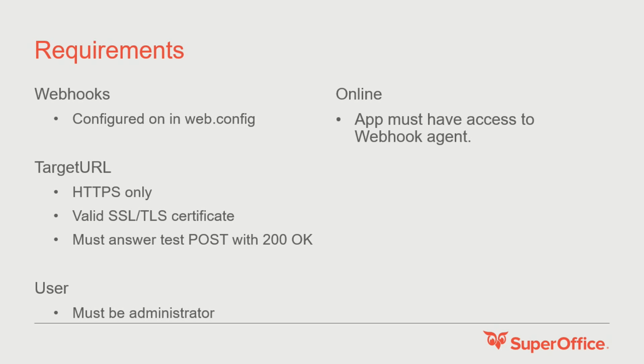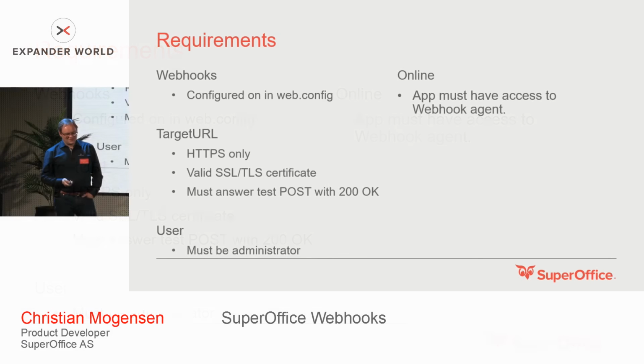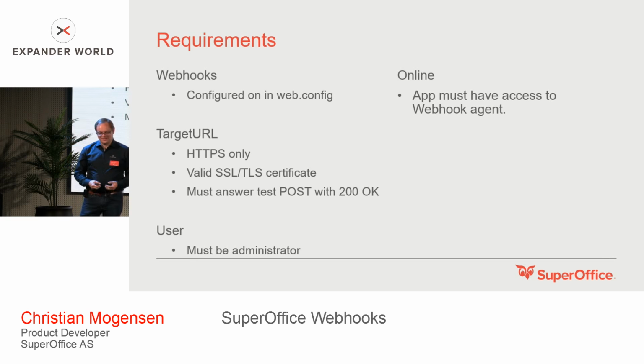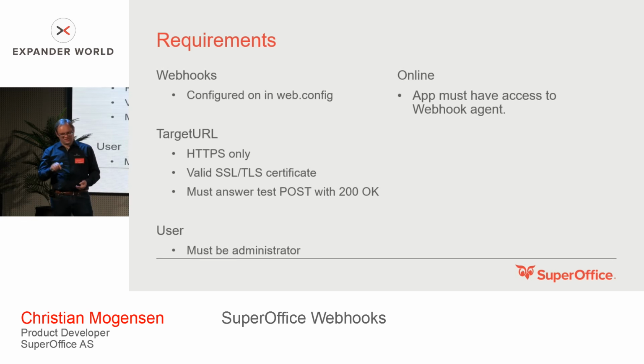And that URL must answer a POST request with 200 OK. Your user must be an administrator, otherwise you cannot create new webhooks. And if you're online, then your app must have access to the webhook agent. It's yet another thing that must be checked off, just like access to the user agent. By default, apps don't have access to webhooks. You have to ask for that permission.